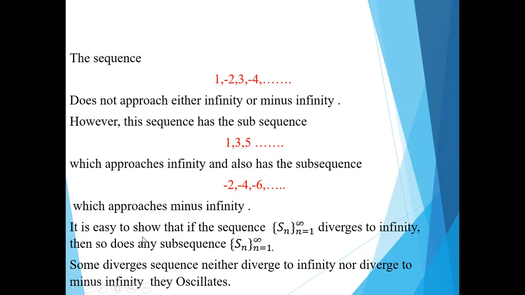It is easy to show that if the sequence Sn is divergent to infinity, then so is any subsequence. Some divergent sequences are neither divergent to infinity nor divergent to minus infinity. They are said to oscillate.